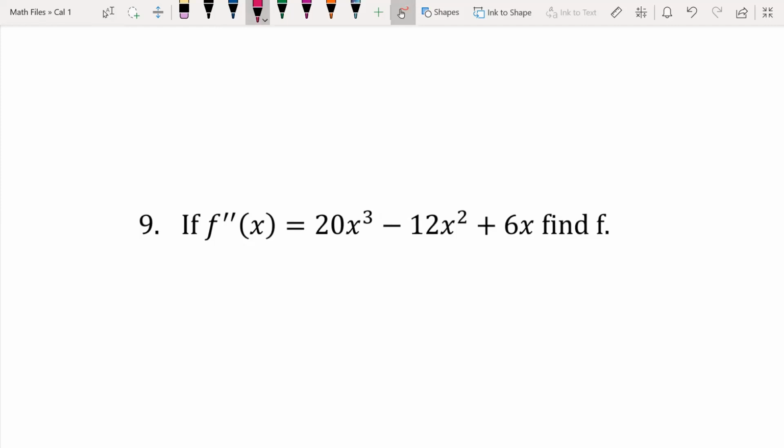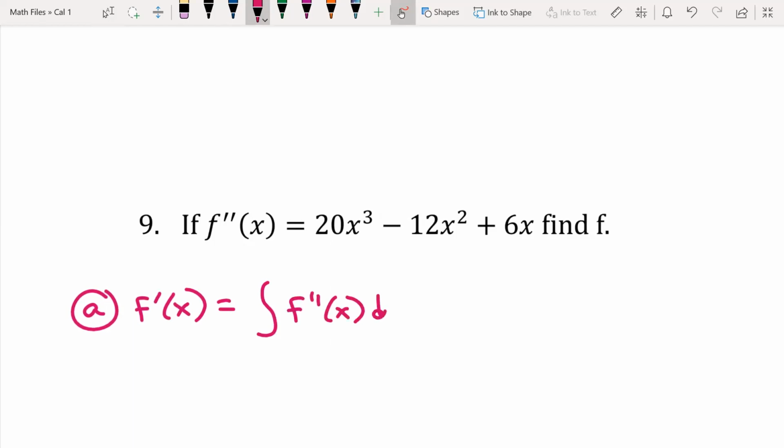So our first setup, we'll call this A, is that if we're looking for the first derivative, then to set this up, it's going to be the integral of f double prime of x dx. And we know what f double prime is. It's everything above.